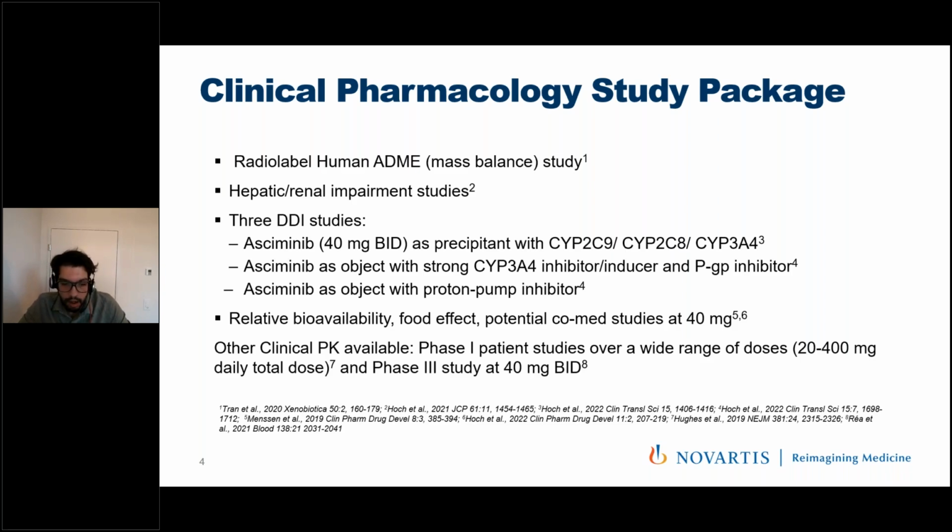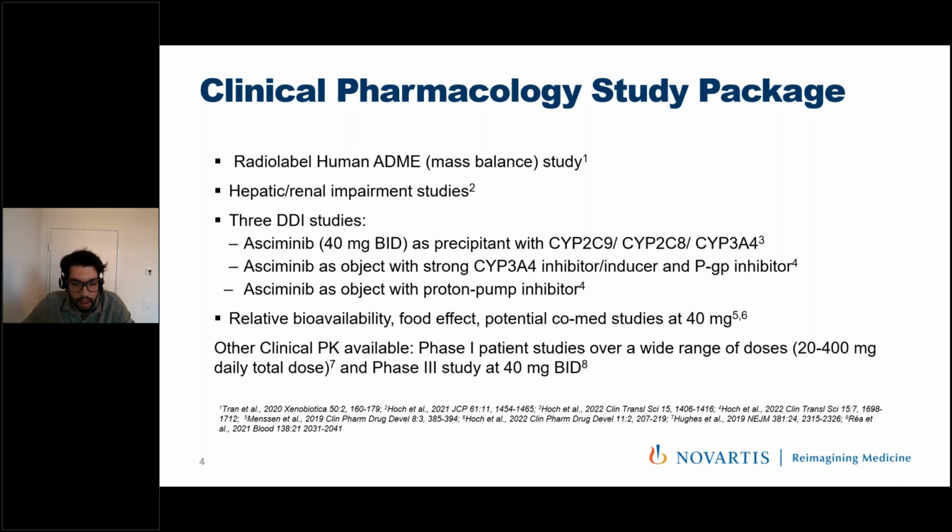The first, where asciminib was given at 40 milligram twice daily as a perpetrator with CYP2C9, CYP2C8, and CYP3A4 substrates, and 2 other DDI studies where asciminib was an object with strong CYP3A4 inhibitors and inducers, as well as a PGP inhibitor, and lastly, a pH-mediated interaction where asciminib was co-administered with a proton pump inhibitor.